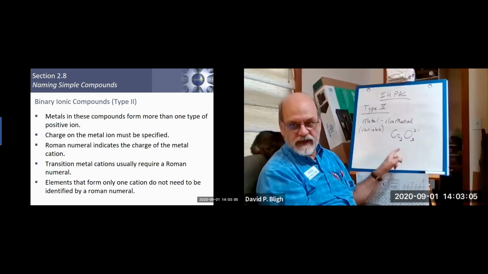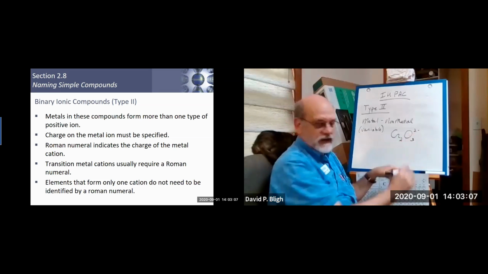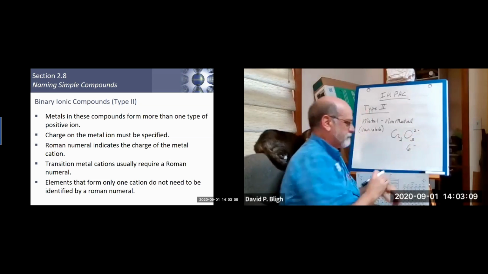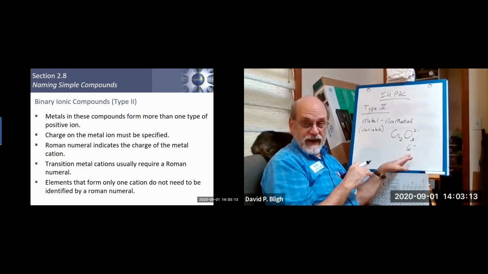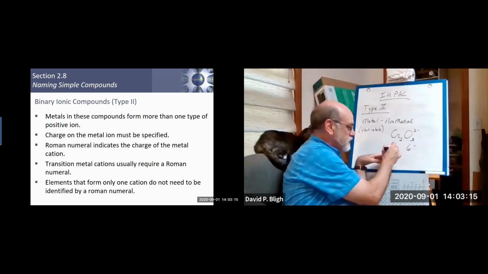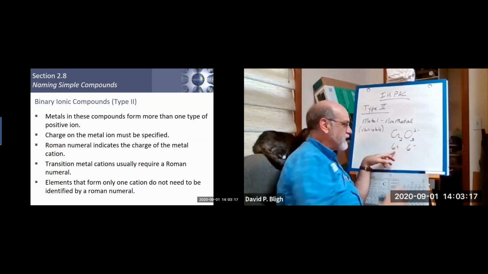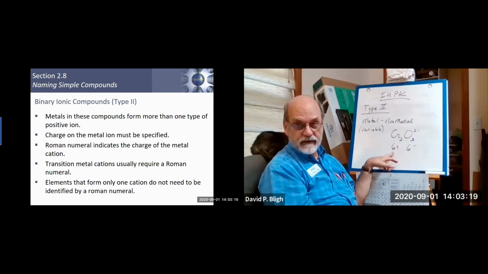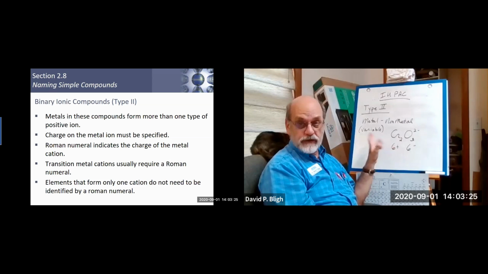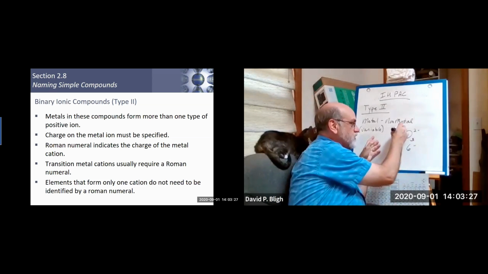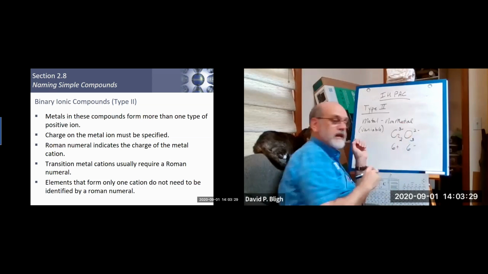So how many total do we have? 3 times 2 is 6 minus, right? Okay. What do we need to balance 6 minus? We need 6 plus. So we need that many total charges from the cation. But there are 2 chromiums. So how much does each one represent? 2 into 6 is 3. So each one is 3 plus.